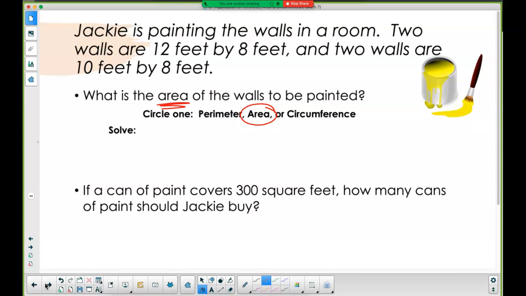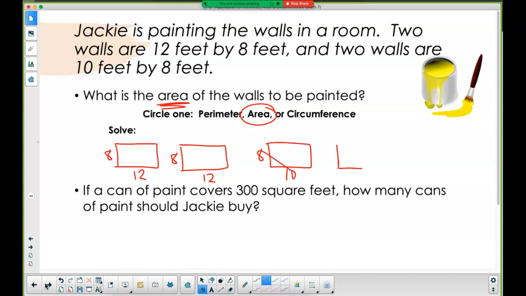And how many walls are we painting? Brooklyn? 4 of them. So I have 2 walls that are 12 feet by 8 feet. So I have that twice. And I have 2 walls that are 10 feet by 8 feet.